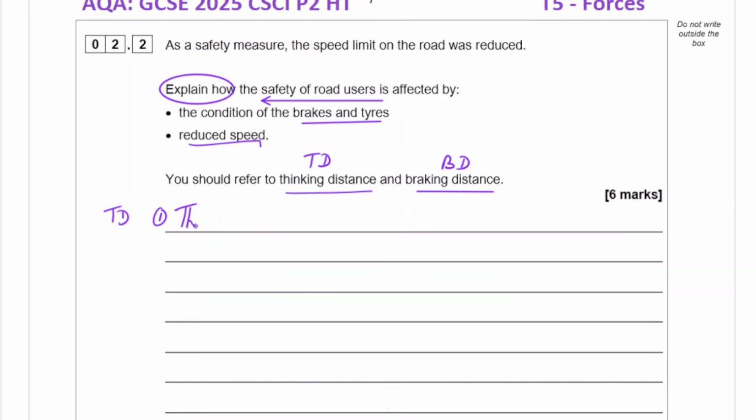The condition of the brakes and tires does not affect the thinking distance. What about the speed?